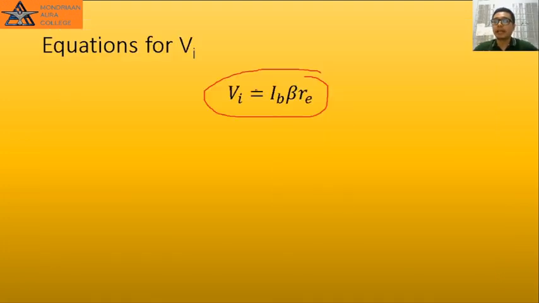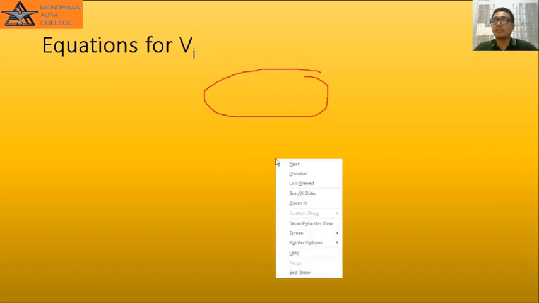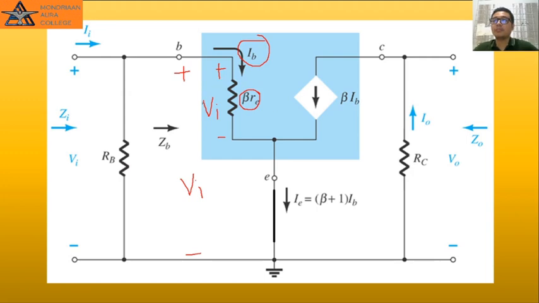Ayan. And the next one, beta RE is also equal to Z sub B. So bakit equal siya sa Z sub B? Remember, ang Z sub B is the impedance measured at the base terminal of your transistor. Eh ano lang bang nakikita natin dito sa part na to, no?